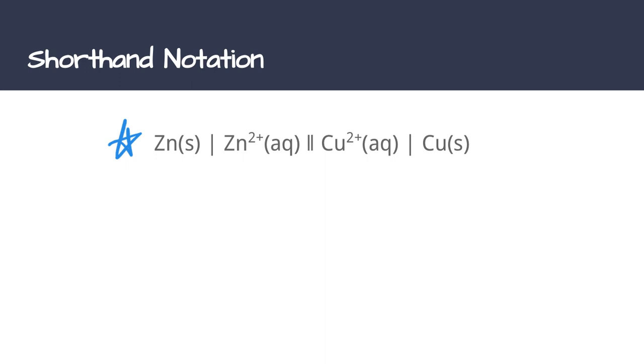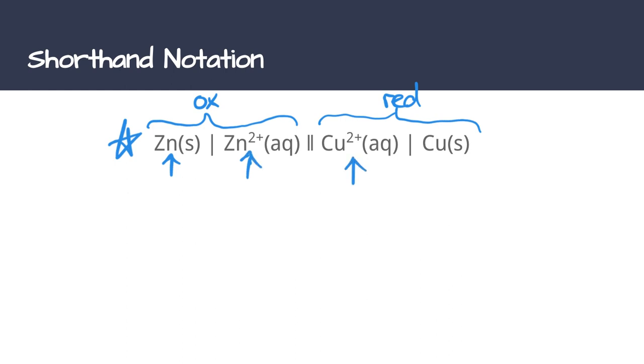And so this is our shorthand notation to show what a voltaic cell is and what's happening. Generally, with our shorthand notation, you list the oxidation first, or your anode, and then your cathode, or your reduction. And you show what you're starting with initially, so zinc, what it's producing, zinc 2 plus ions, and then what's being reduced, the copper 2 plus ions, and what's being created, the copper.